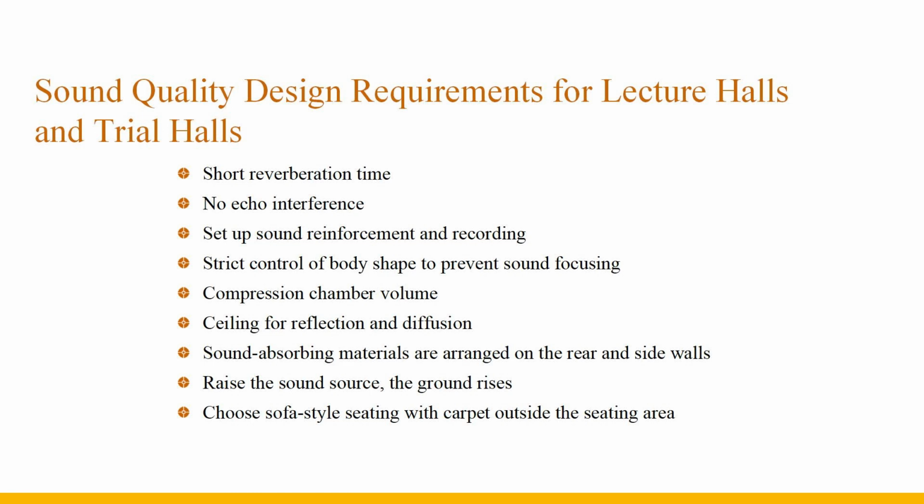Compress the indoor volume as much as possible. The ceiling is treated with reflection and diffusion, and the rear and side walls are arranged with sound-absorbing materials. Raise the sound source and the ground rise. Opt for sofa-style seating with carpet outside the seating area.